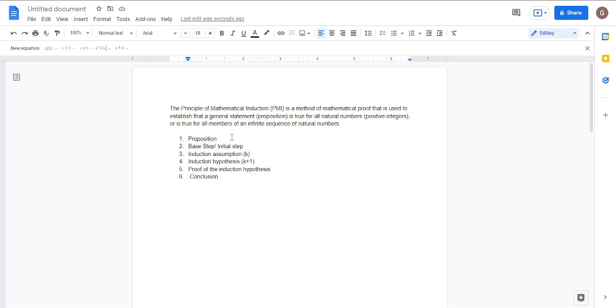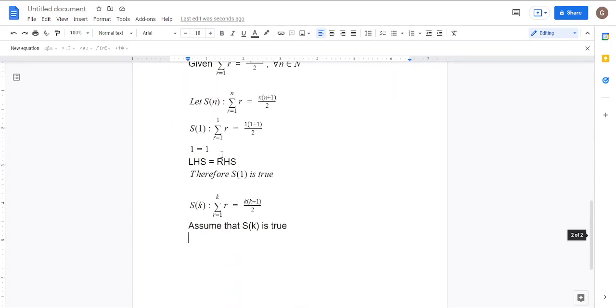So similarly to what we did with the previous two steps, we'll replace n with k plus 1 this time. So let me just start a new equation. So we'll say S of k plus 1. So wherever we see n, we replace it with k plus 1.